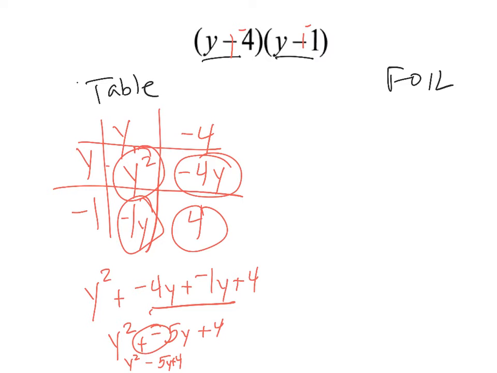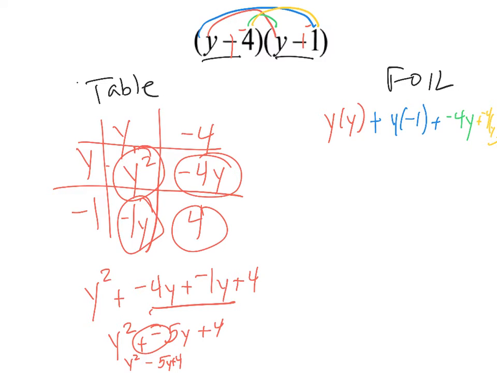So now let's FOIL. First, y times y. Outer, plus y times -1. Inner, plus -4 times y. Last, plus -4 times -1.